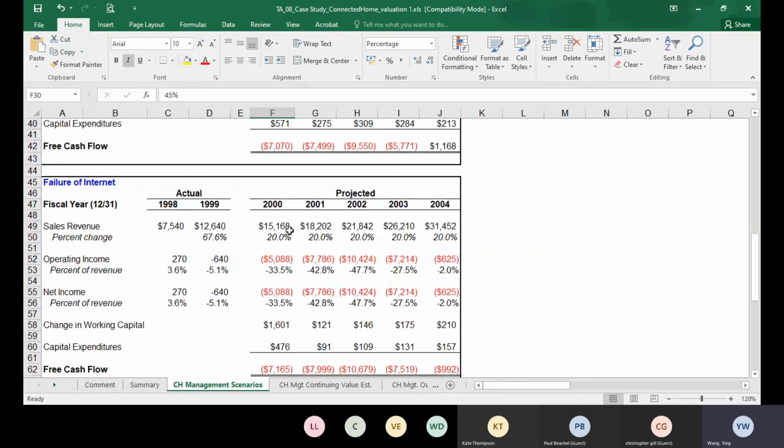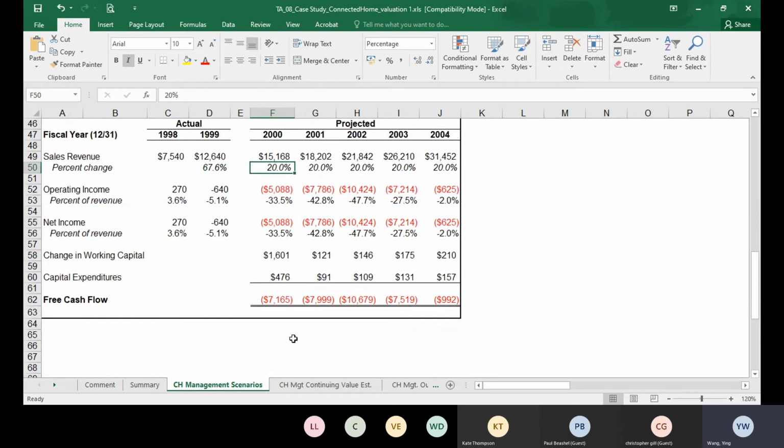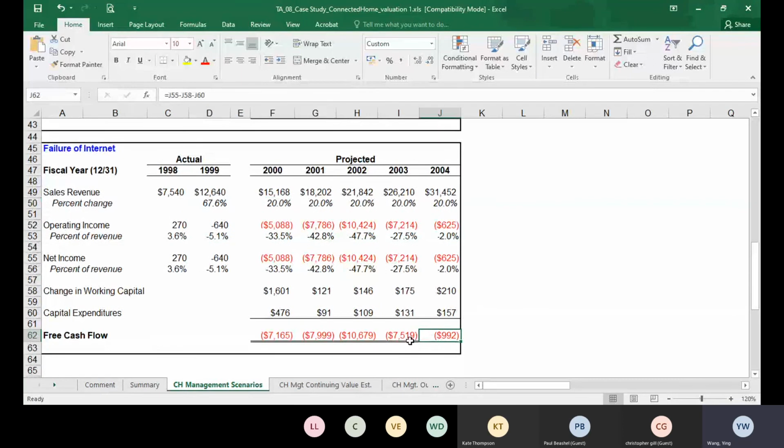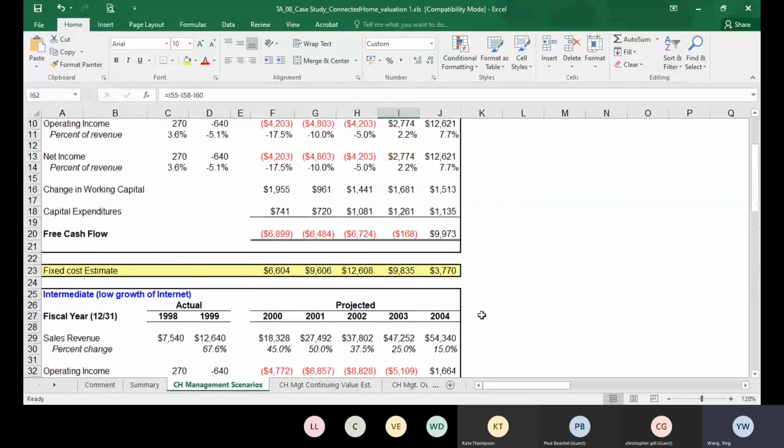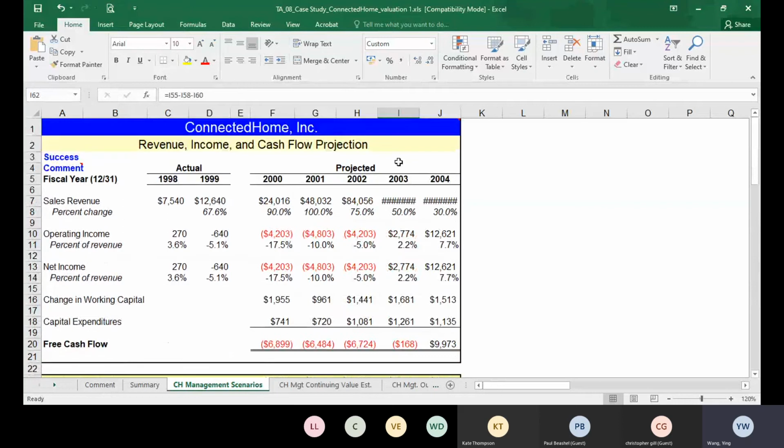If it is a failure of internet, again, this considers the Chicago valuation method, a simple discounted cash flow method, but considering different scenarios. So now it's a 20% change of the revenue because it's total failure of internet, and now the numbers are here. So the 5th year will be negative in this case, and the 4th year, of course, more negative return compared with the success case. So those are the scenarios for the evaluation method.